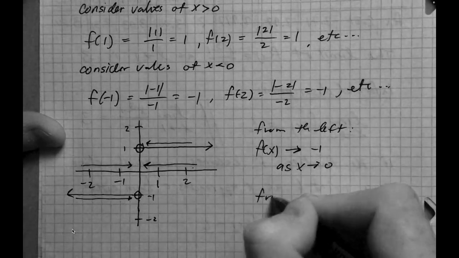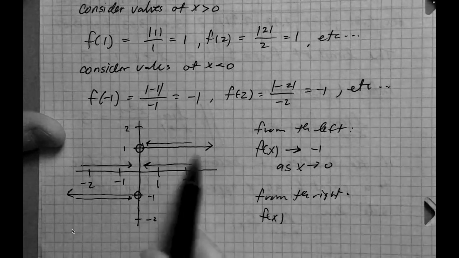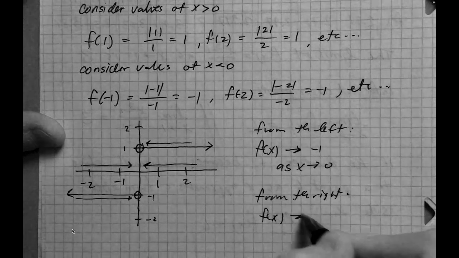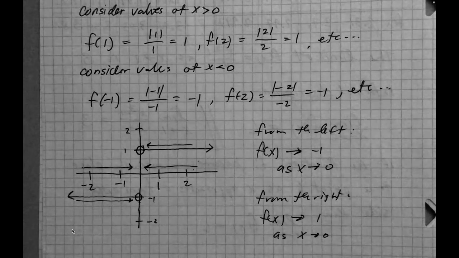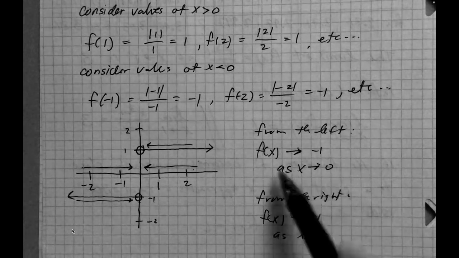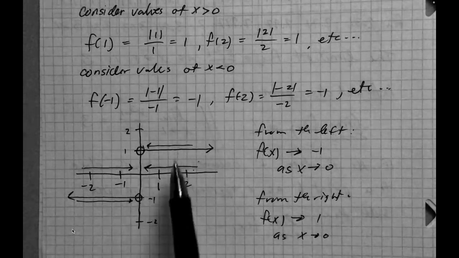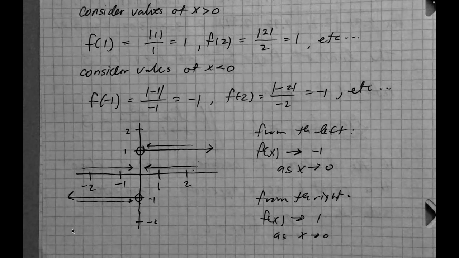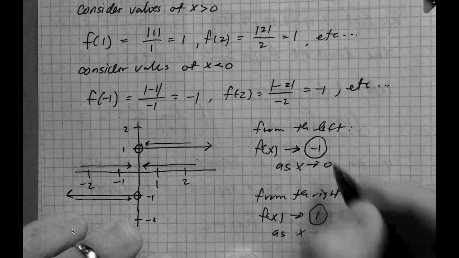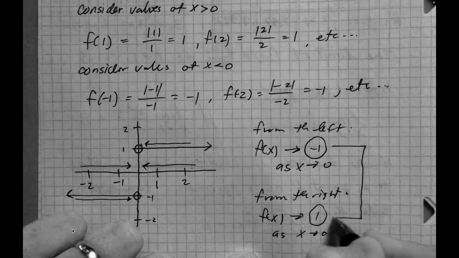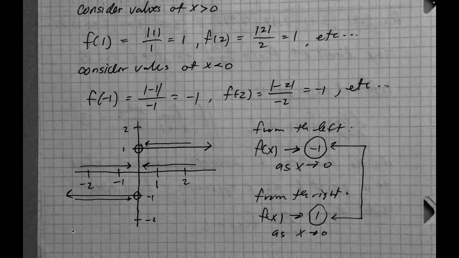But from the right, f of x approaches 1 as x approaches 0. When I say approaches -1 and approaches 1, it's equal to 1 and -1 in both cases, so that's weird terminology, but basically the issue arises from the function approaching, or being equal to, different values as we approach x from different sides.